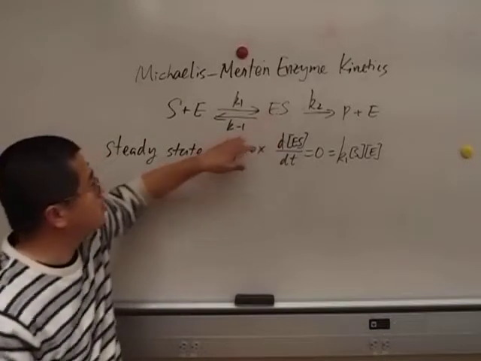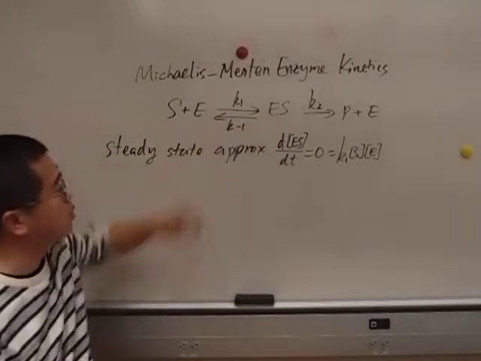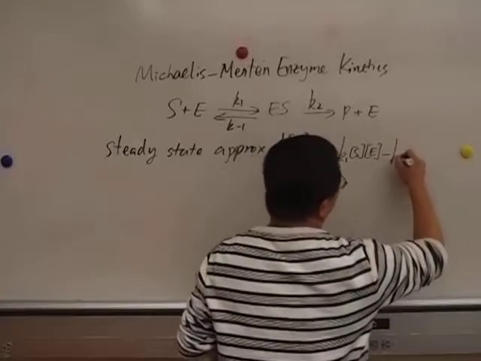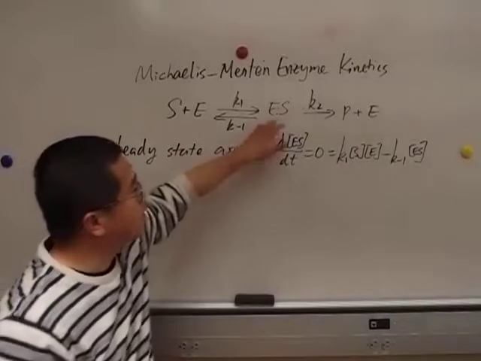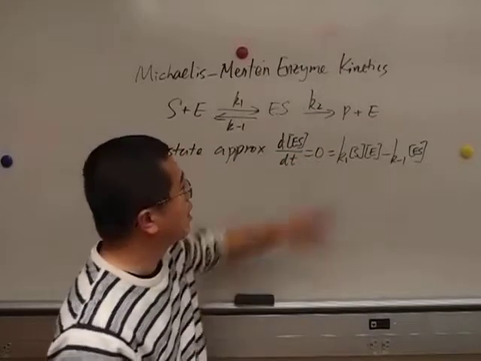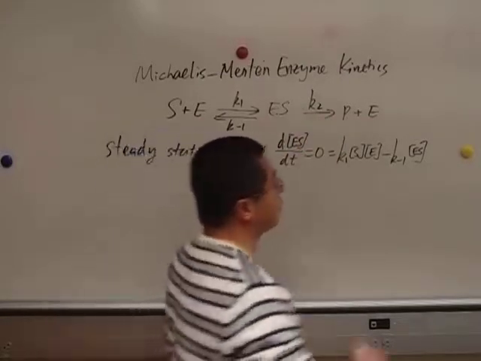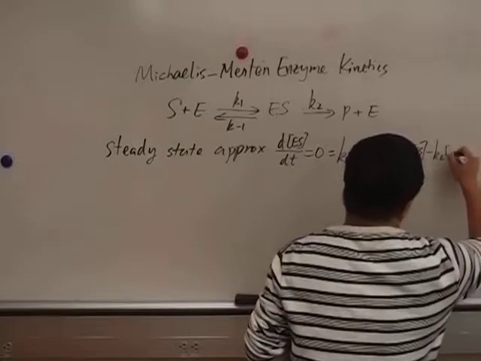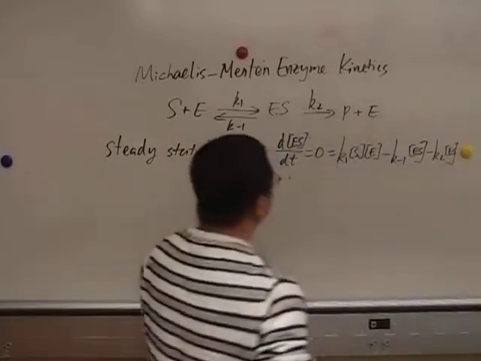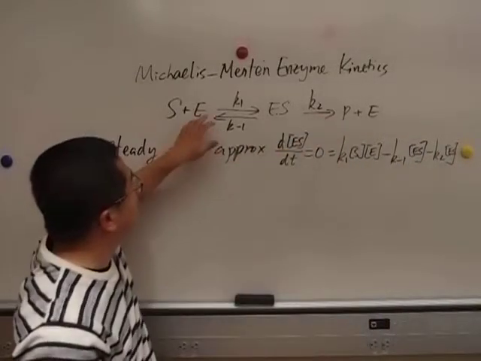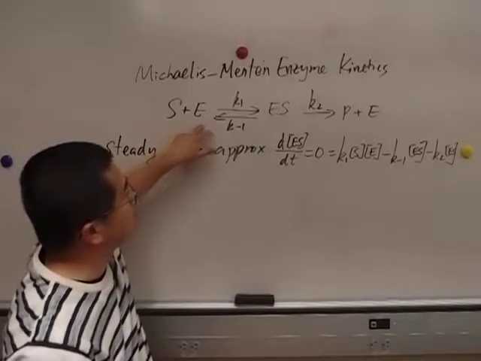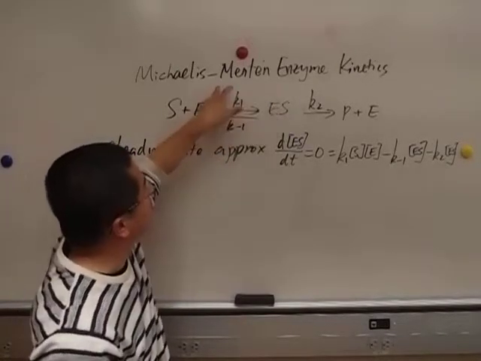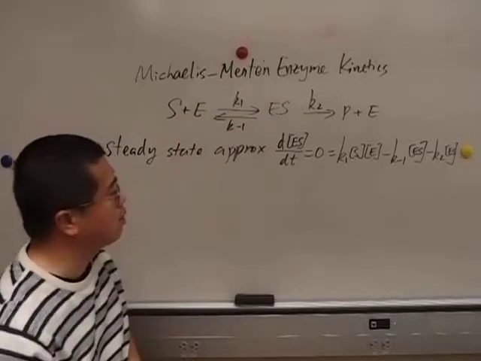And ES is consumed in this backward reaction, so it's going to be minus. And also, ES is consumed in this K2 reaction, so minus K2. I'm assuming this is first order, and this backward direction is also first order in ES, and this K1 reaction is second order.